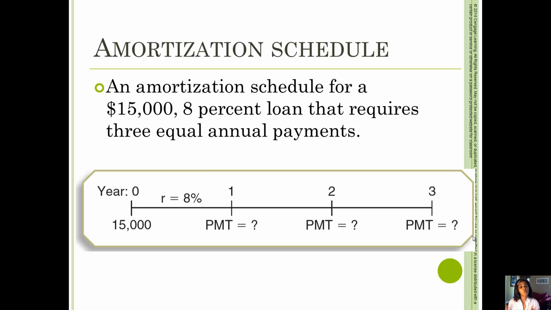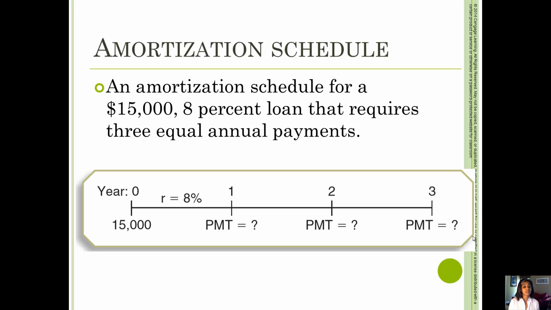So what would happen is, for an amortized loan, you would create an amortization schedule that shows for every payment that the payments stay the same, and how much of each payment is going to interest and how much is going to principal, because over time those amounts change. In the beginning of the loan, more of the payment is allocated toward interest than principal, and then over time that shifts. You see a greater shift the longer the time frame of the loan.